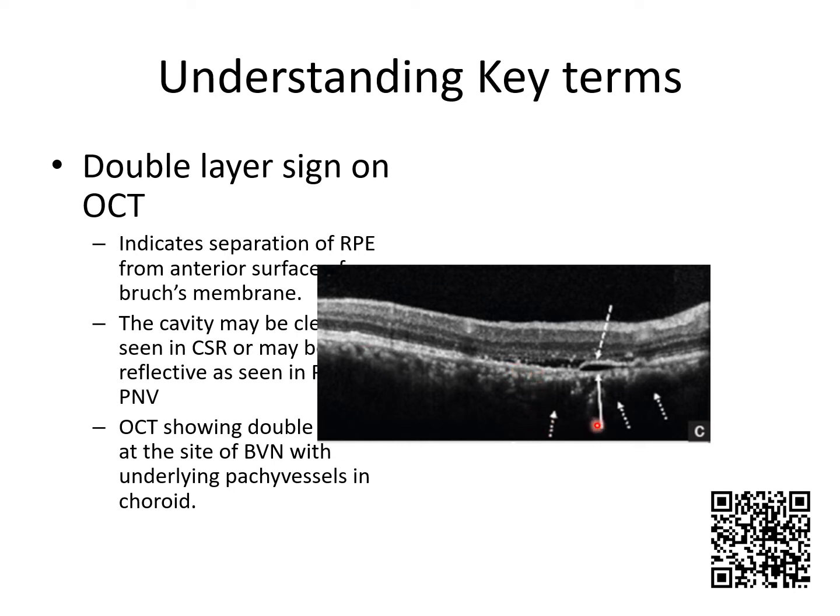But in this area where the disease process has started, we see choriocapillaris which have thinned out and there are large choroidal blood vessels here.